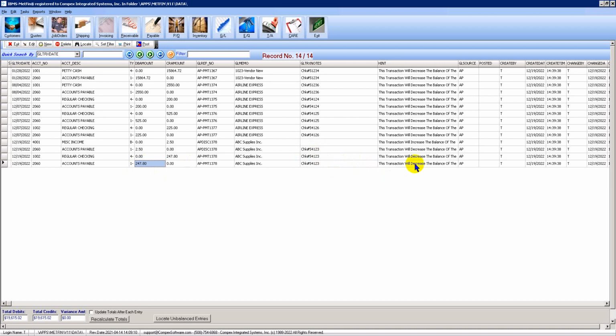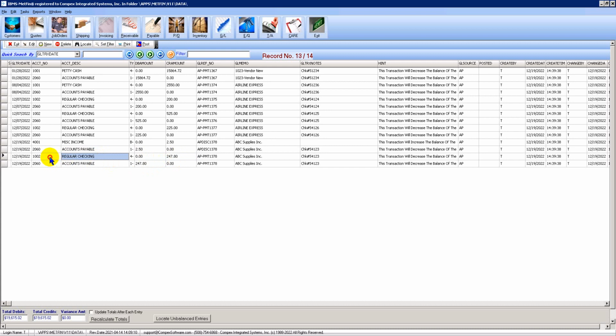In this case, according to the hint here, there's a debit amount to the accounts payable account 2060, so it would reduce the balance by $247.80. At the same time, it reduces the checking account because we are paying out. When you pay somebody, you expect the balance to go down.